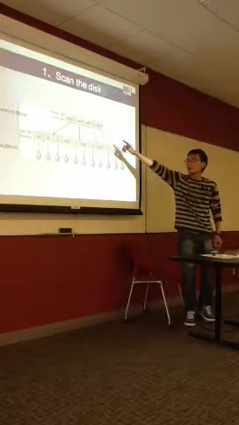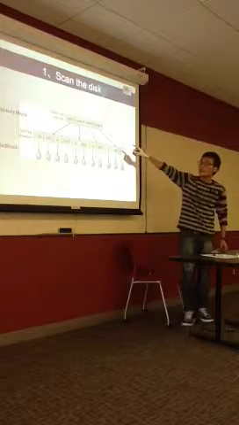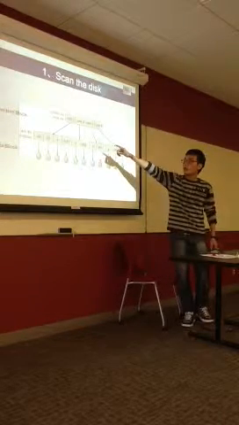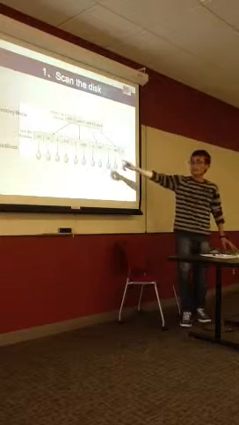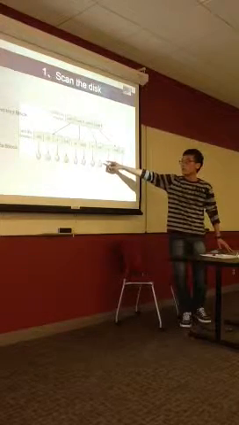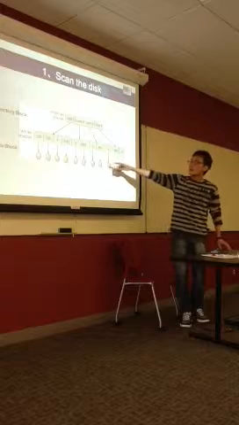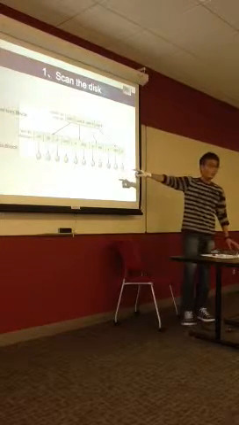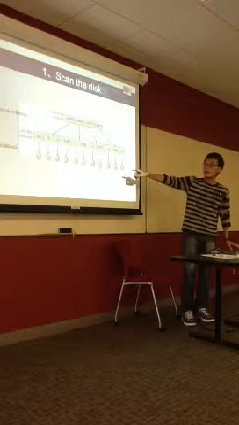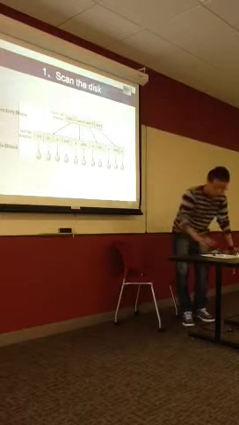Here is the directory for the file. This is called the directory block, which stores the directory for the files, and the part down here is the data block, which stores the details of the file system.